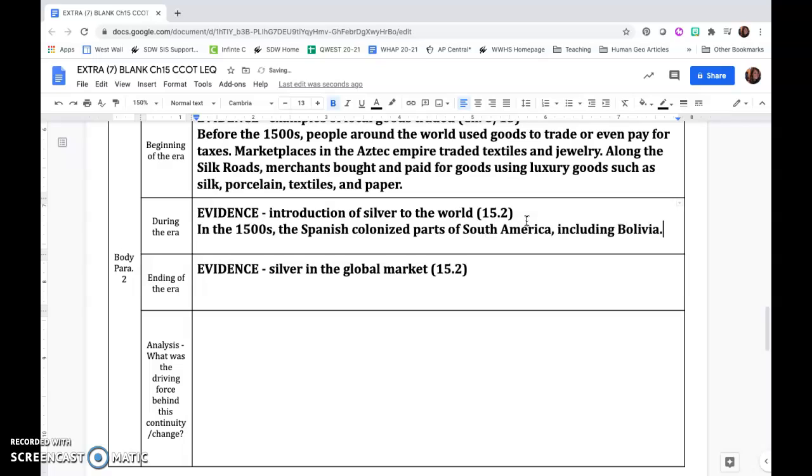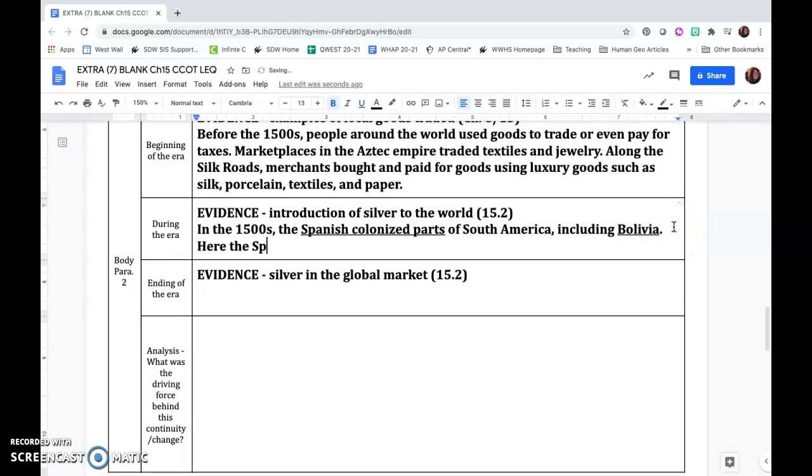I found this portion about the Spanish colonizing in my notes. Bolivia is also in my notes. I said here the Spanish discovered silver in the city of Potosi and started to mine. Again, I know this one specific city because it is in my notes.